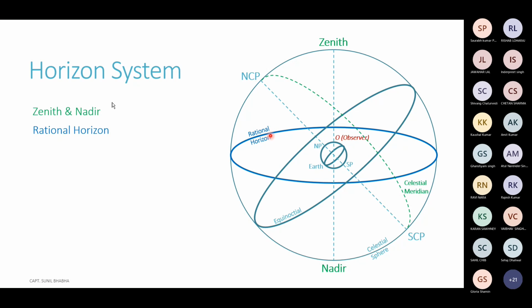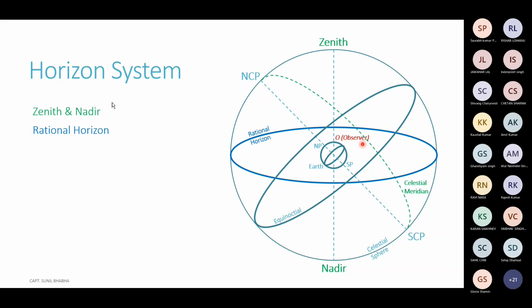So we use the rational horizon as our reference, and we use these 2 points, the zenith and the nadir, as our references. Now, if you look carefully, the rational horizon basically divides the celestial sphere into 2 parts. That part of the celestial sphere which is above the rational horizon is what will be visible to this particular observer.